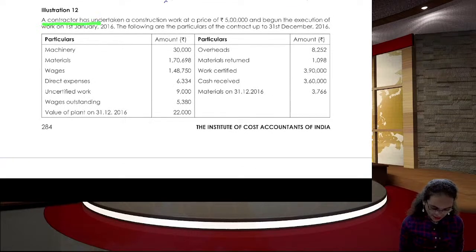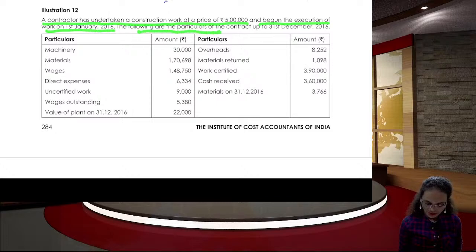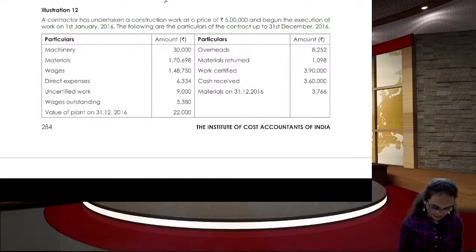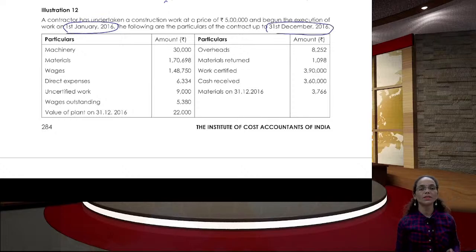A contractor has undertaken a construction work at a price of 5 lakh rupees and begun the execution of work on 1st January 2016. The following are the particulars of the contract up to 31st December 2016. See, the contract started on 1st January 2016 and ended on 31st December 2016. It means the contract is for 1 year.